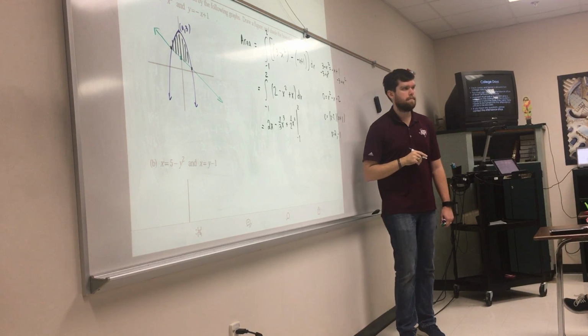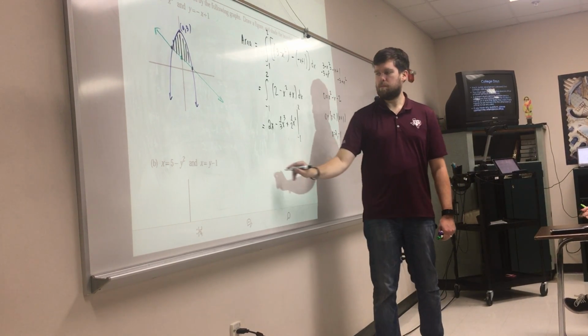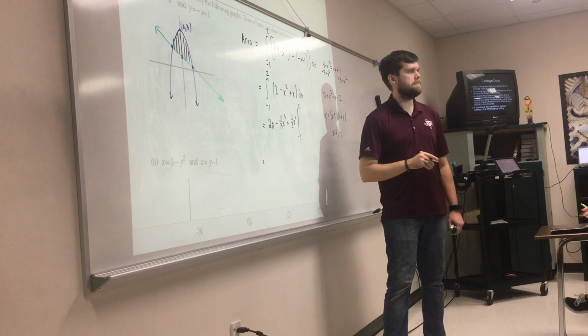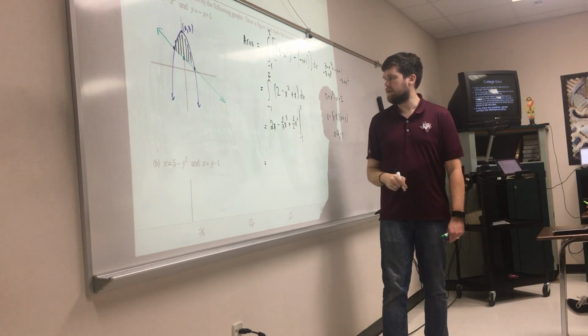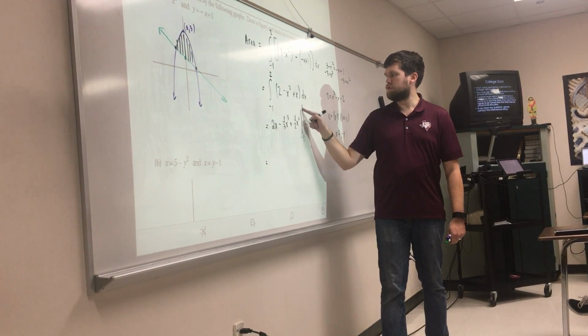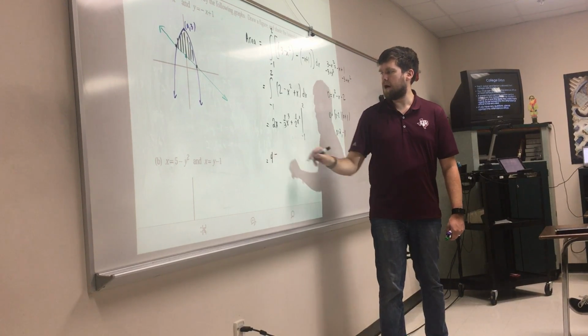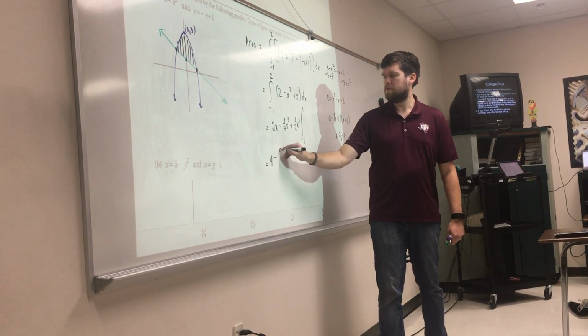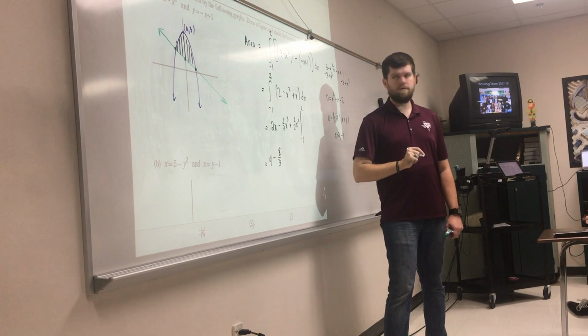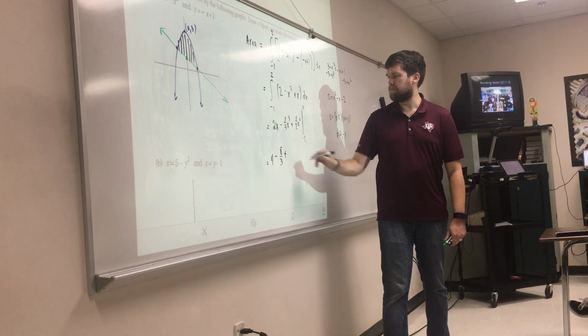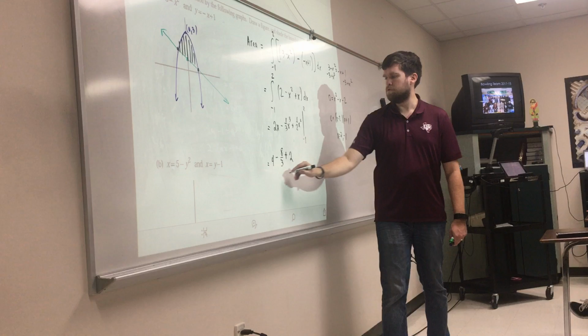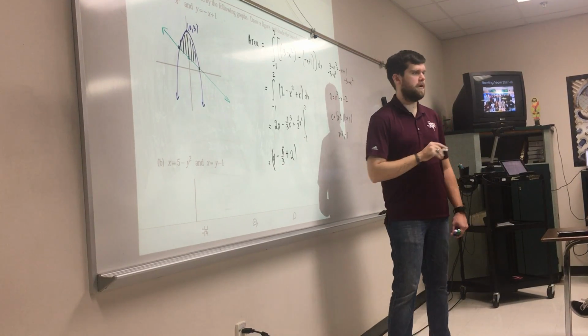Okay, now what? Plug in the upper bound. Okay, so I'm going to do some arithmetic here in my head. 2 times 2 is 4, minus a third of 2 cubed is 8 thirds, and plus a half of 2 squared is 2. So that's what I get when I plug in the upper bound.